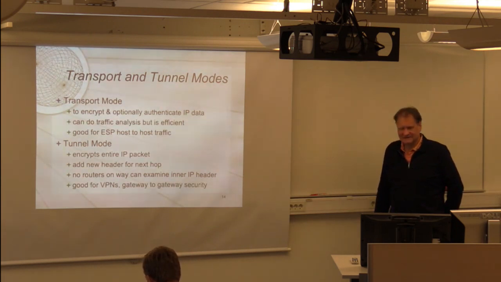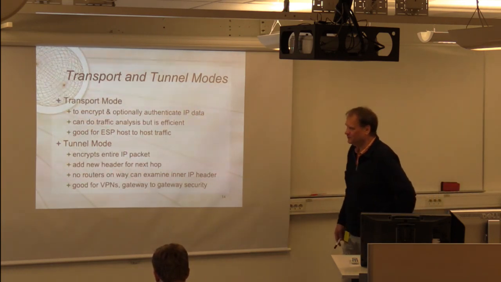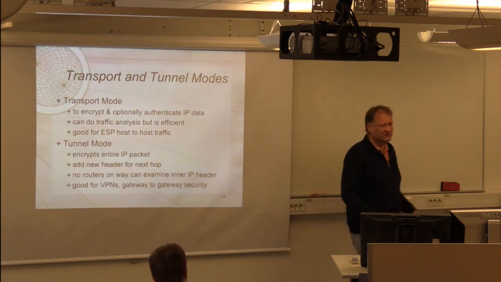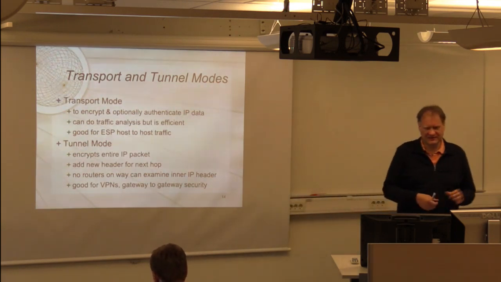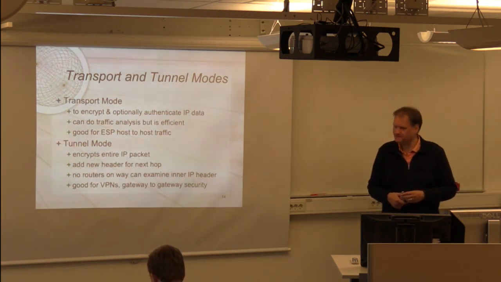To make it a little bit more complex, we also have two different modes. We have something called transport mode and tunnel mode. These two different modes actually protect different parts of a packet and in different ways.